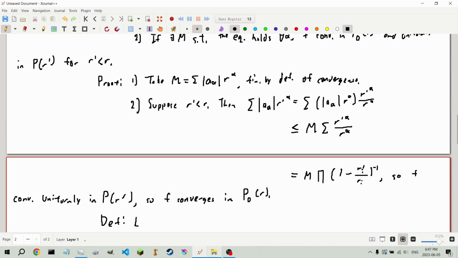Definition: we're going to let f be the sum of a sub alpha times x to the alpha. Then the series f is said to be convergent.